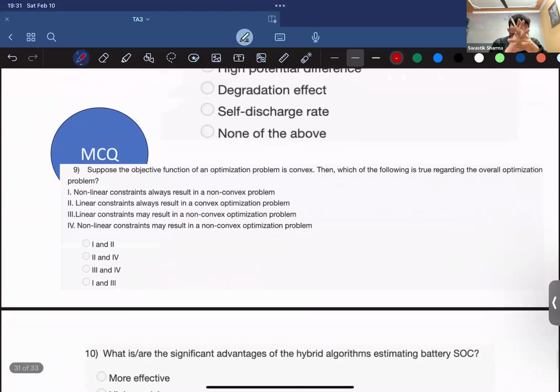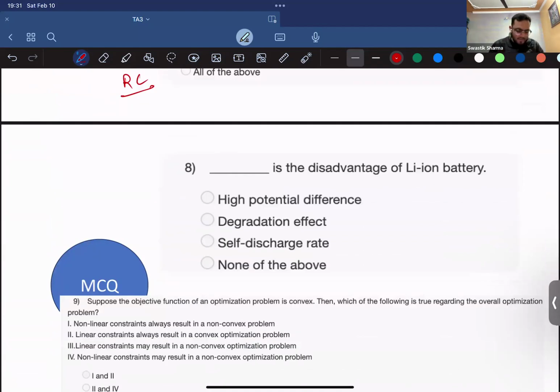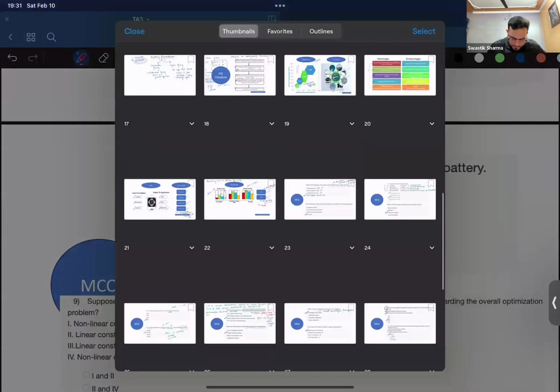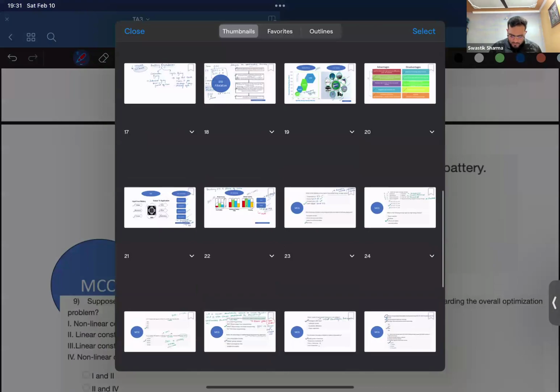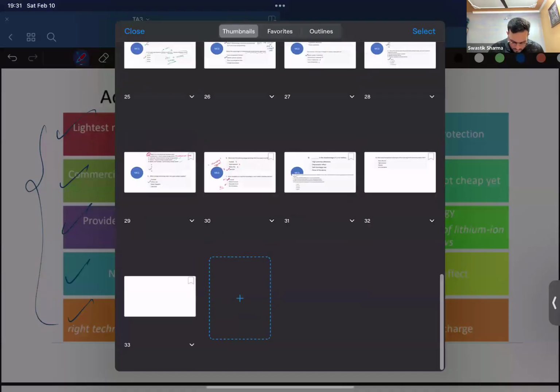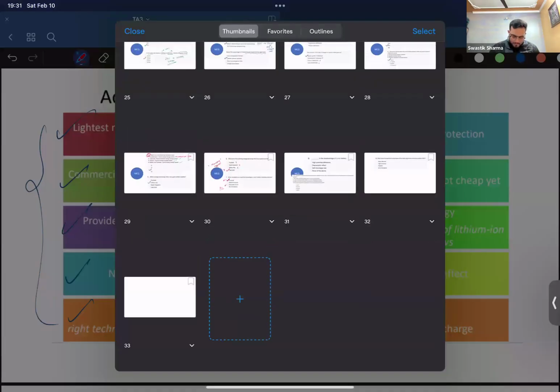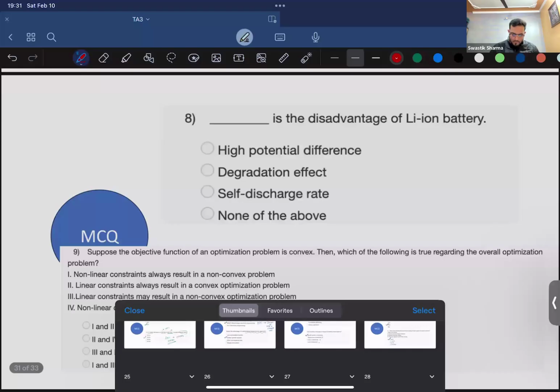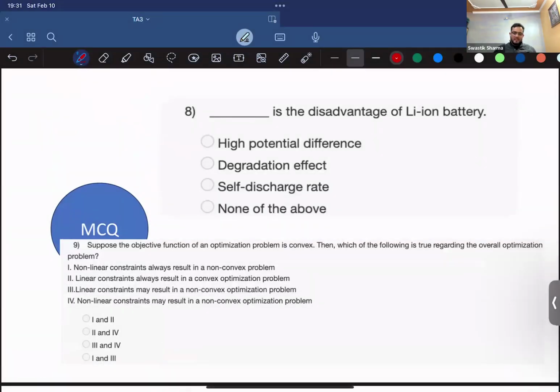Question 8. Which is the disadvantage of the lithium ion battery? We discussed it. Here are the disadvantages. You can go through it once and then we can go through the question. Which of the following is the disadvantage of lithium ion battery?